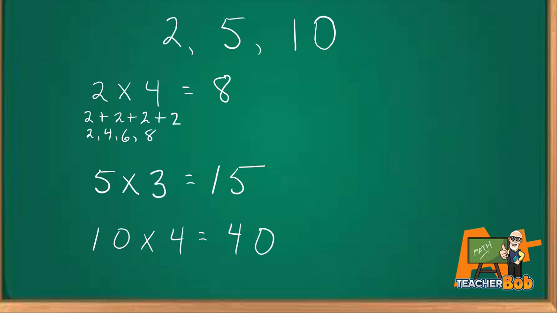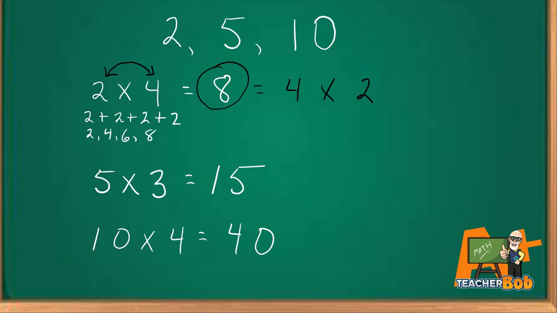So if we have 2 times 4, we can switch these two numbers around, and we can say, instead of 2 times 4, we can say 4 times 2. Whichever way you say it, 2 times 4 or 4 times 2, the answer is 8, regardless.